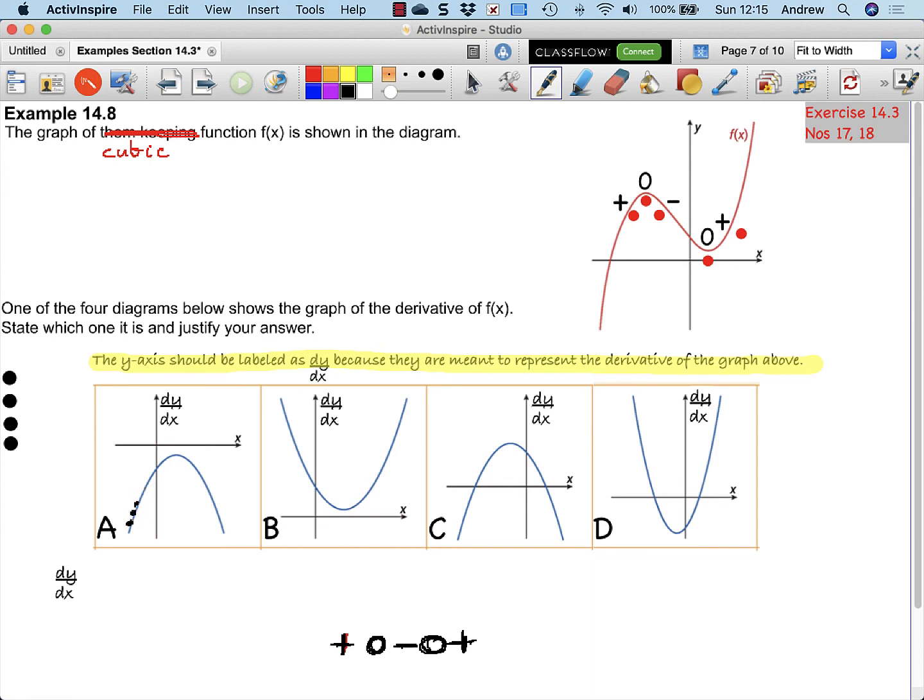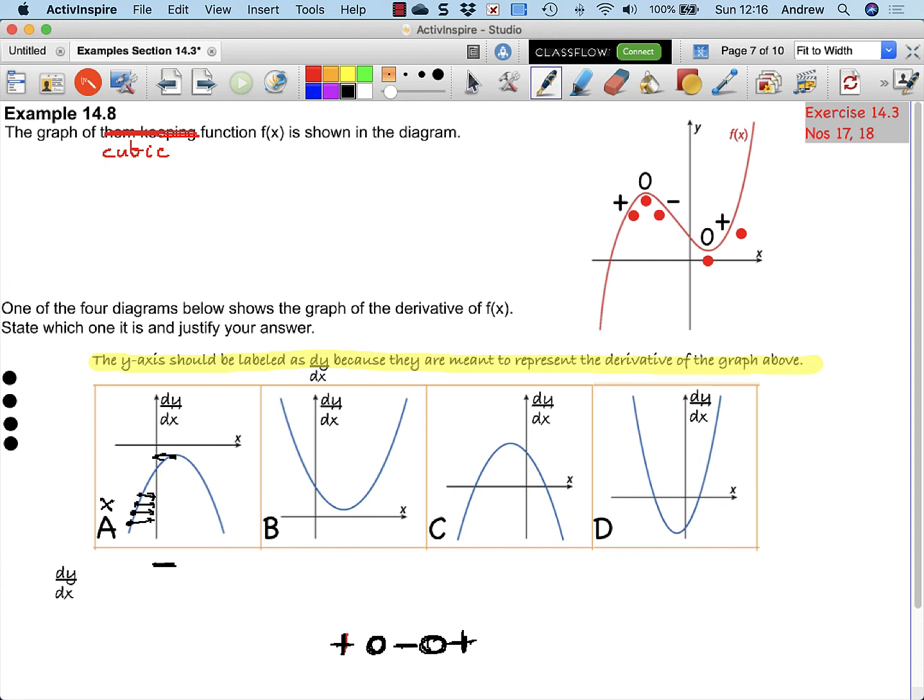To find the y values, all we do is draw a horizontal line across. And as we note from here, for this graph, the y values, no matter how high I go, are always negative. It never gets above the x-axis. So for this graph, dy by dx always remains negative. Therefore, this can't be the graph for dy by dx.